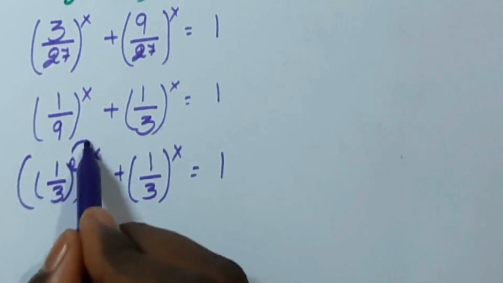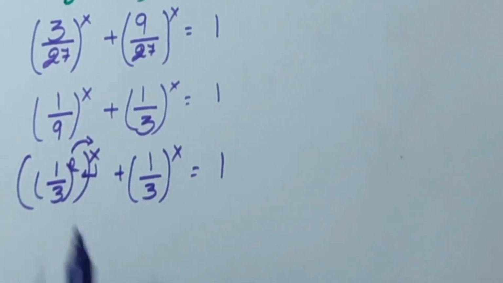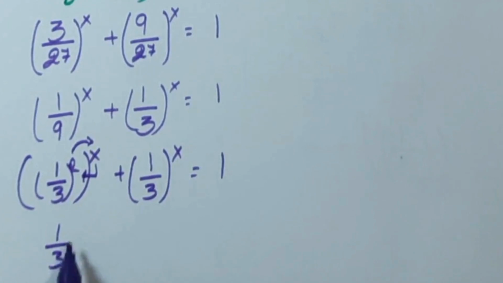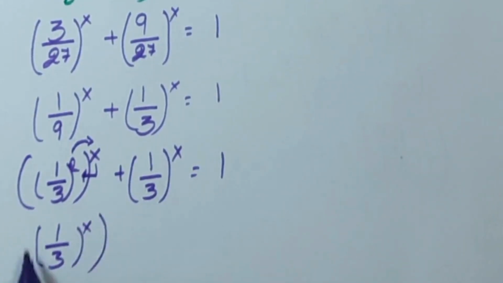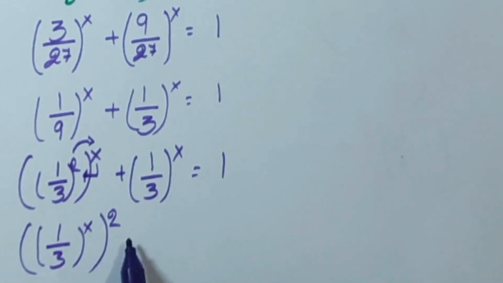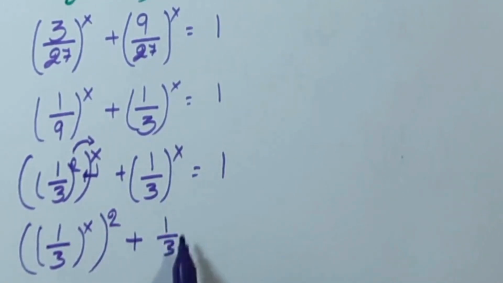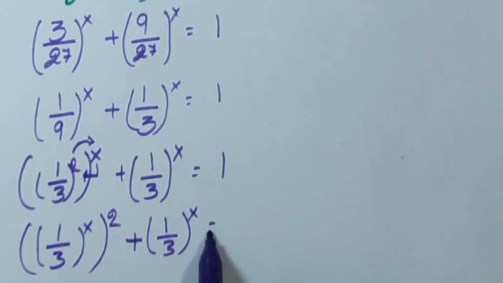This can change here. So 1 by 3 whole power x whole power 2 plus 1 by 3 whole power x equal to 1.